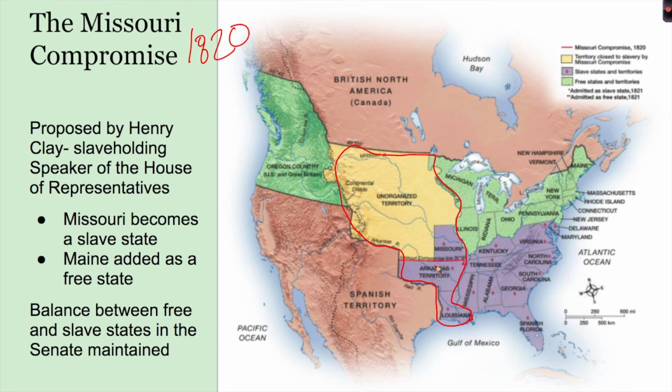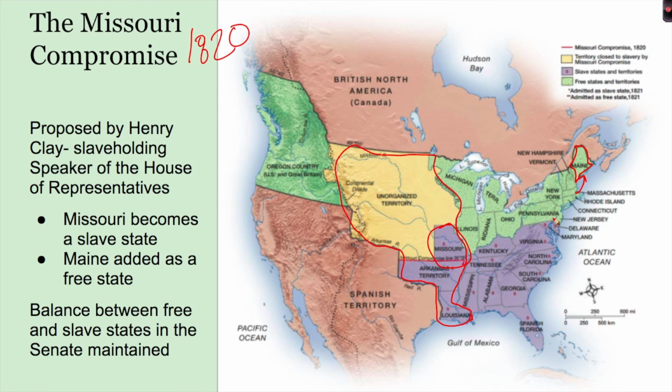So in 1820, Missouri wants to become part of the Union. But if they do that, it's going to mess up the balance of free states and slave states. So they have to figure out, what are we going to do? So during this time, the state of Maine, it was originally owned by Massachusetts. It was a territory of Massachusetts.